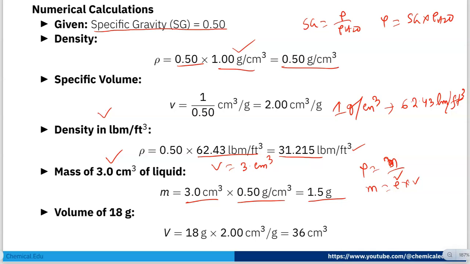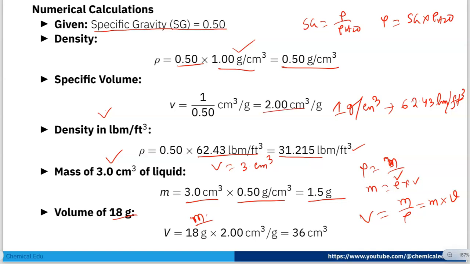Now what will be the volume of 18 gram? Here again, volume will be mass by rho. So that is 18 gram, which is mass, into specific volume, which is 2.0 centimeter cube per gram.